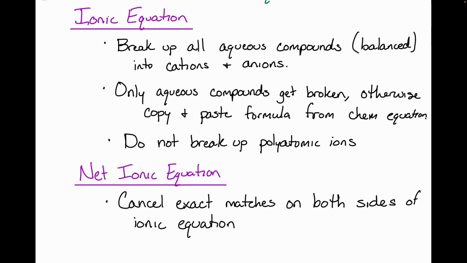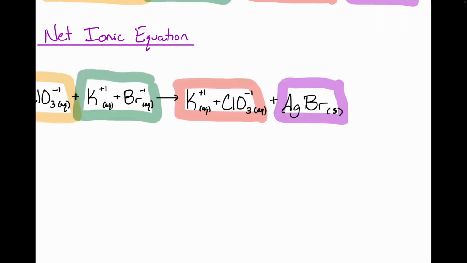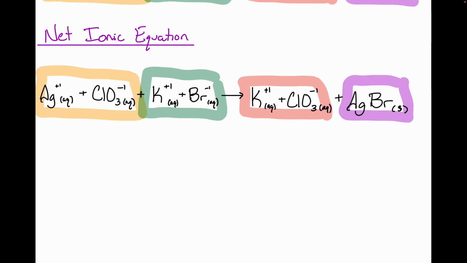So we broke up all of our aqueous compounds to get our ionic equation. To get our net ionic equation, we need to cancel the exact matches that are on both sides. Let me just show you what I mean real quick. I'm going to copy and paste them and get rid of all this coloring so we can see a little easier what's going on.